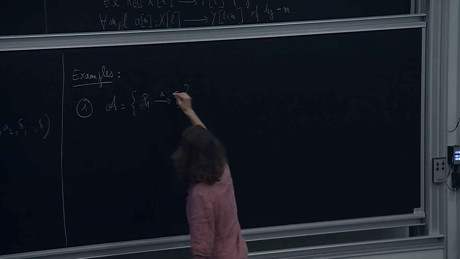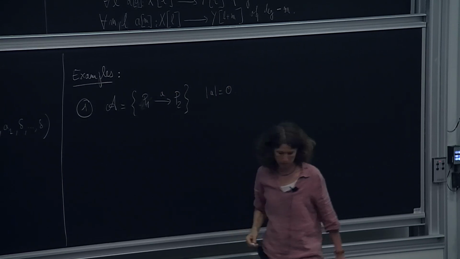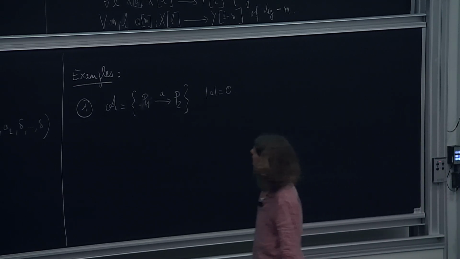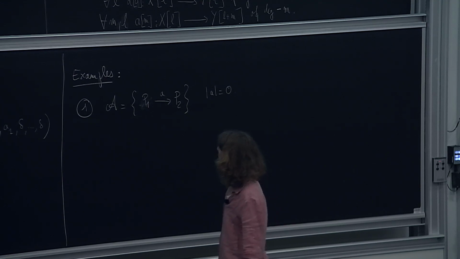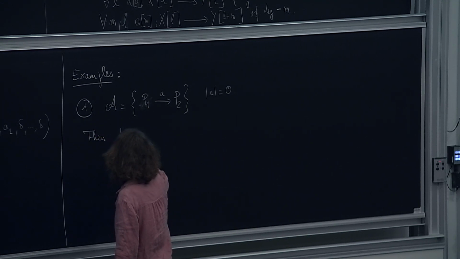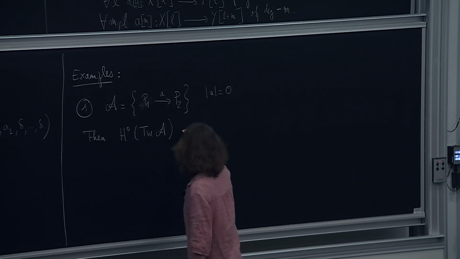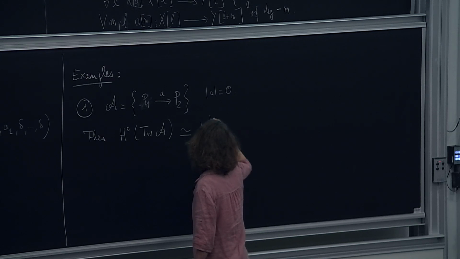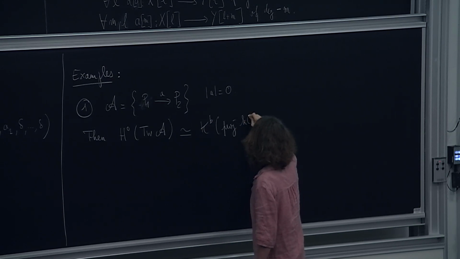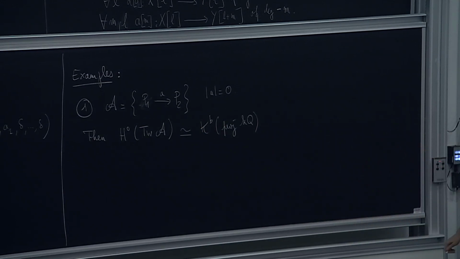And let's say I declare the degree of A to be 0. Then one can check that this H0 of twist A will be this category K^b proj of KQ. This works in fact for any Q, but just in this example.